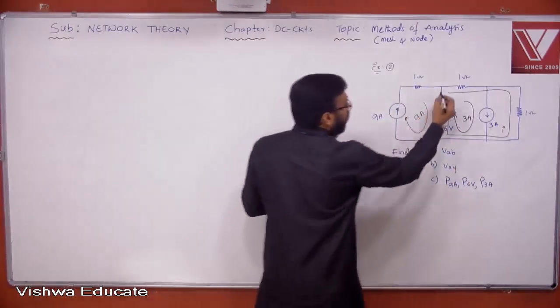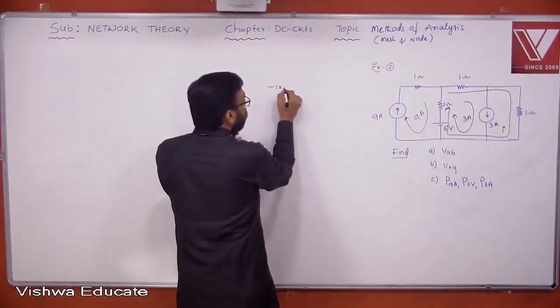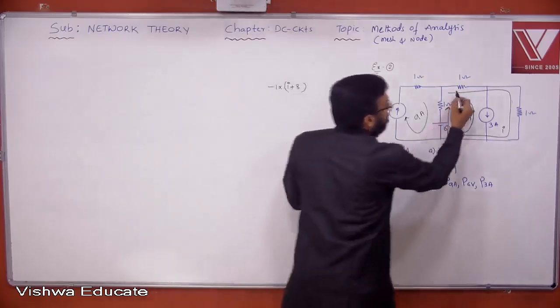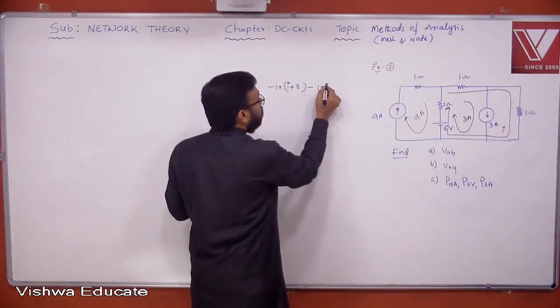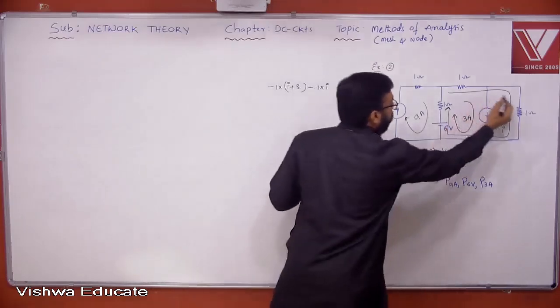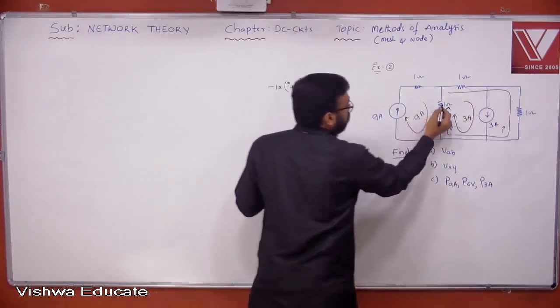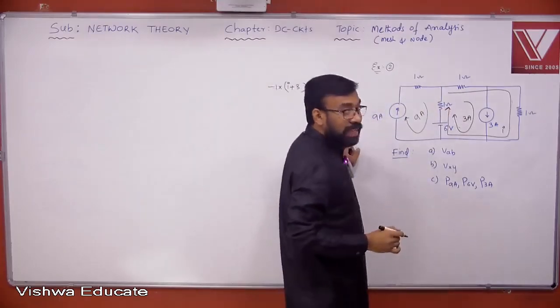Well, so let us write the equation. Now I start from here. -1 into (I plus 3), -1 into I, plus 6, -1 into... I'm writing minus, that means what?